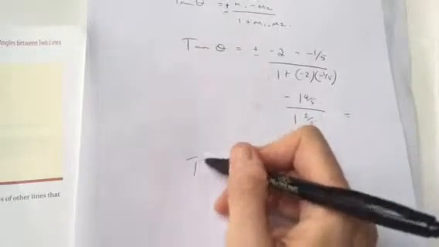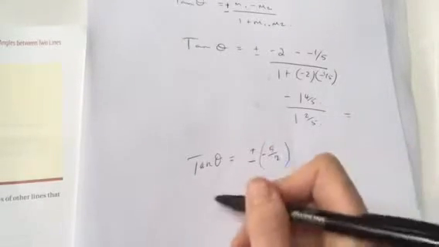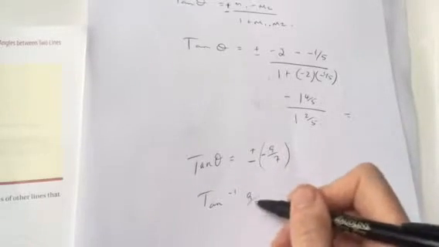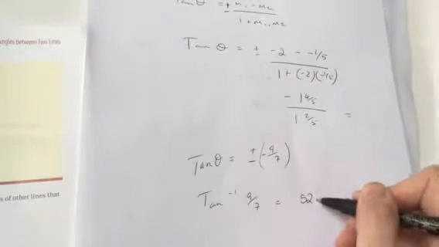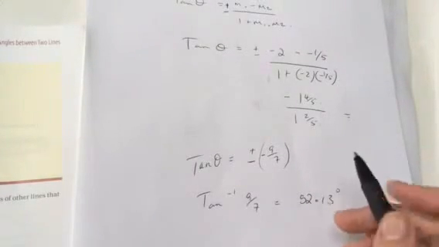The tan of the angle is equal to this, so I can use inverse tan on my calculator of plus 9 over 7, and I would get 52.13 degrees. Now if they asked me for the acute one, I'd have this one.